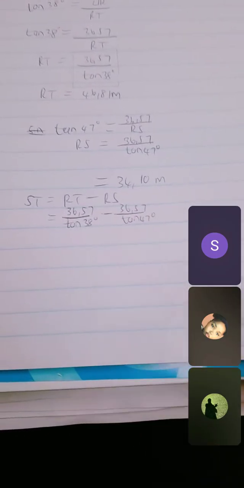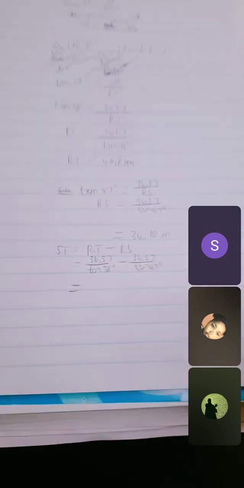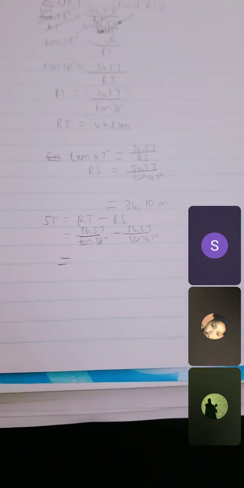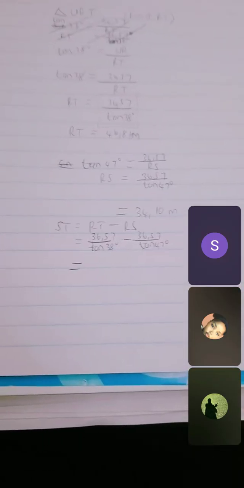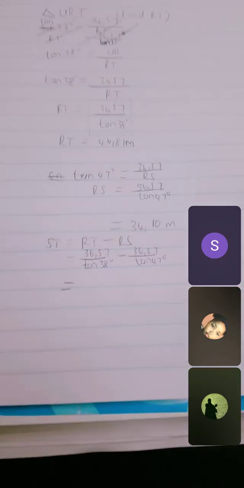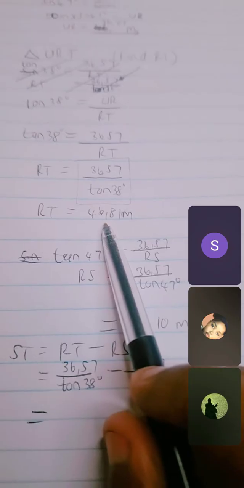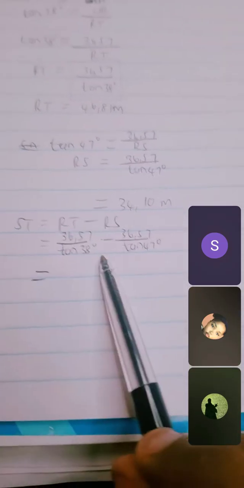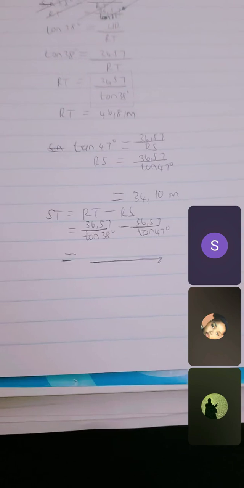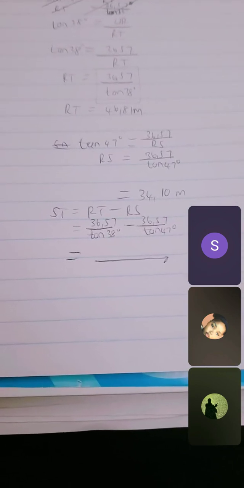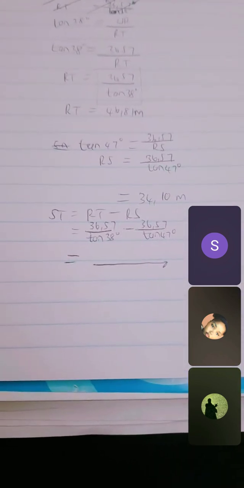I want to round off the final answer to the decimal place that has been stipulated, not these answers. I can temporarily write those answers: RT is 46,81 meters, RS is 34,10. But ultimately, I want to take the raw values of each length and subtract them so that I get the correctly rounded value at the end. So what do you guys get?